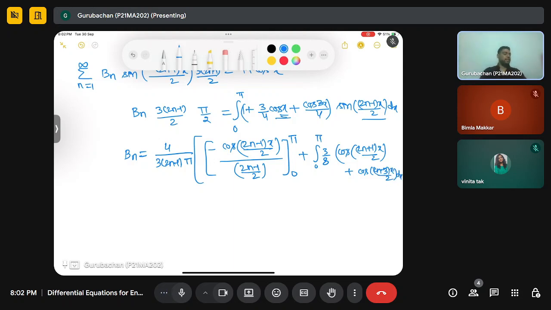One quantity is this, and what will be the other quantity?